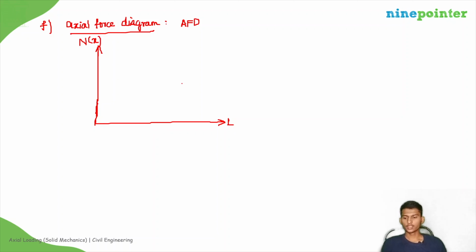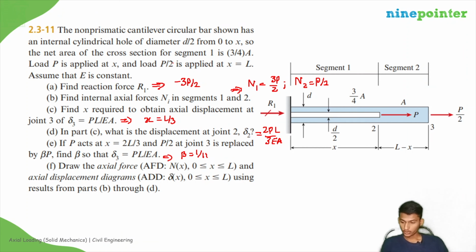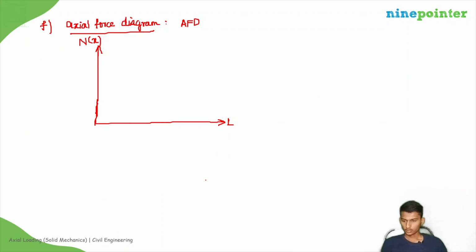It is mentioned in the question that we should go from B through D. So we already took x value is equal to L by 3, okay, which we solved in part C. L by 3 and L. So 0 to L by 3 is segment 1, right?